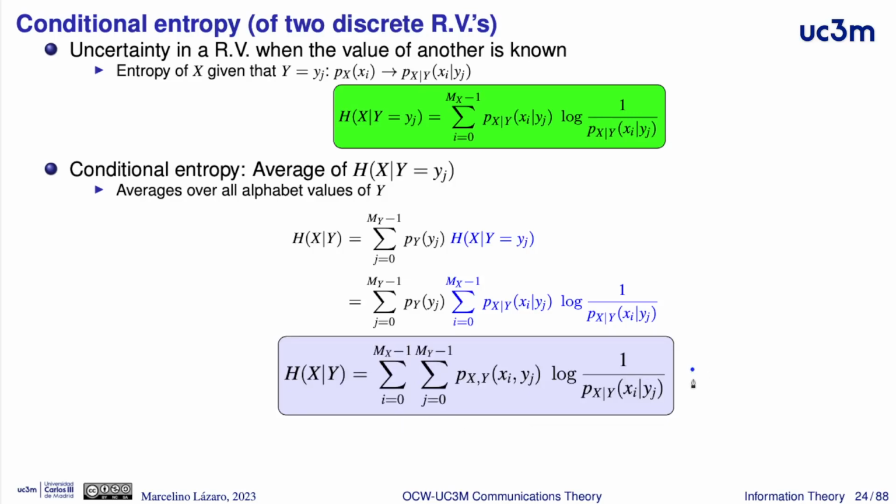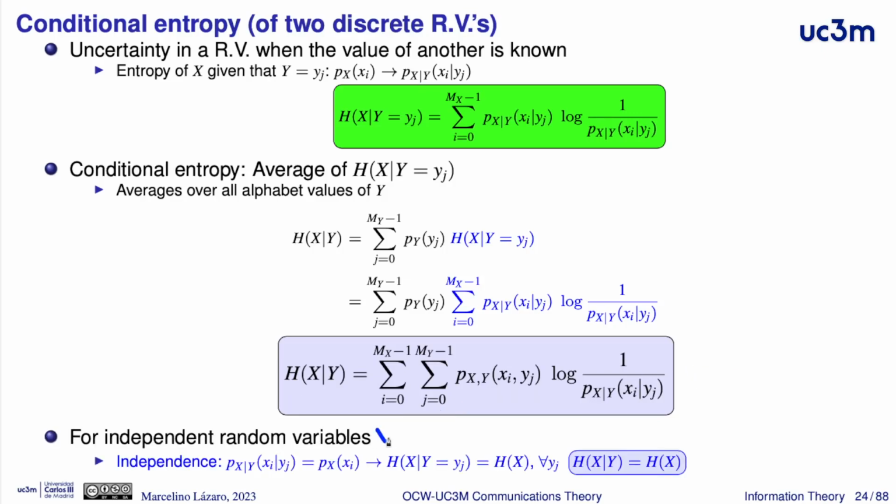Here we have the final expression for the conditional entropy of x given y: the double addition of the product between the joint probability of x and y and the logarithm of the inverse of the conditional probability of x given y, that is added for every possible element in the alphabet of x and every possible element in the alphabet of y.